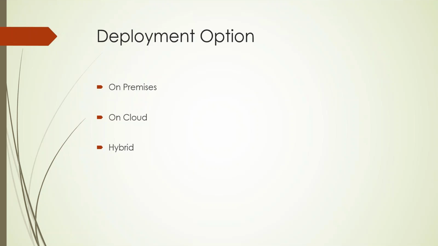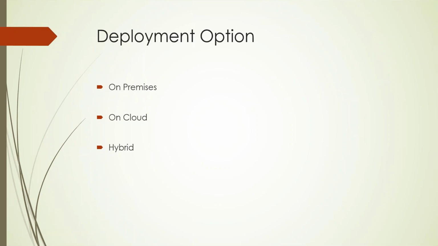For example, let's take BPC and BW. You can decide my main ECC will remain as it is, and my other servers like BPC I can keep on cloud. It depends on the company which ones they want to keep on premises and which to move to cloud.